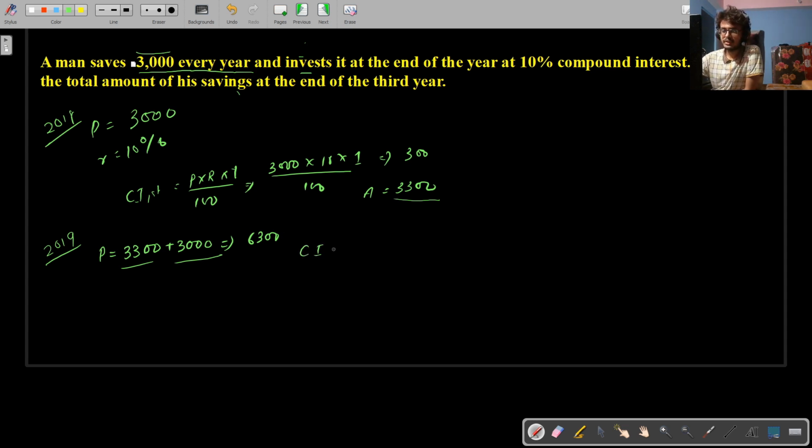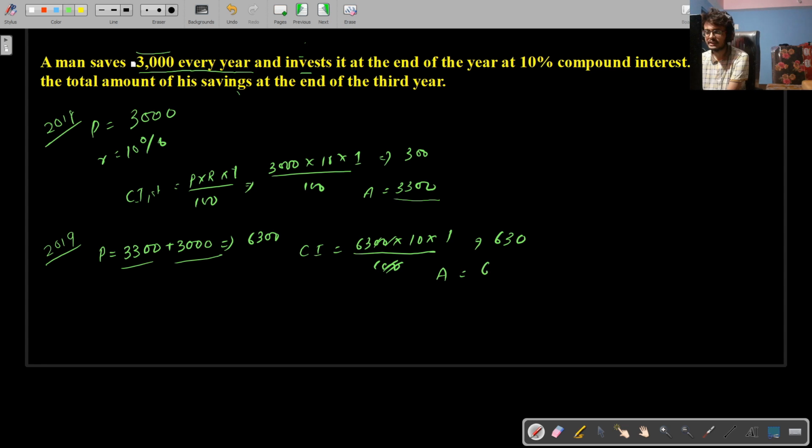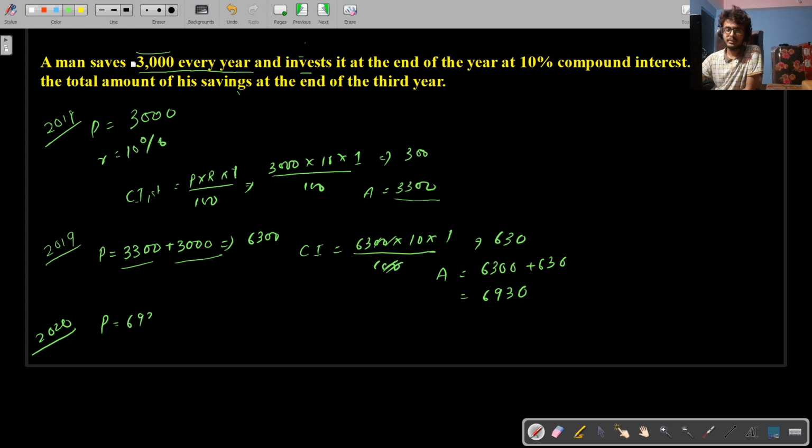So its compound interest will be 6,300 into rate into time divided by 100. This will cancel, so you'll get 630 rupees. Your total amount at the end of this year will be 6,300 plus 630, which is 6,930. Now for 2020 as well, this guy will save 3,000, every year.